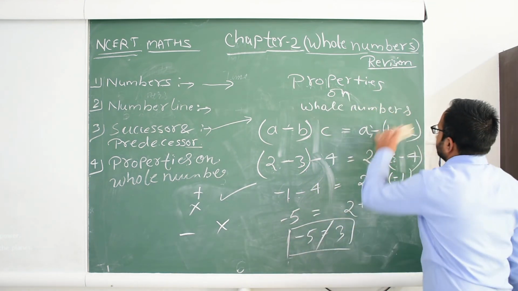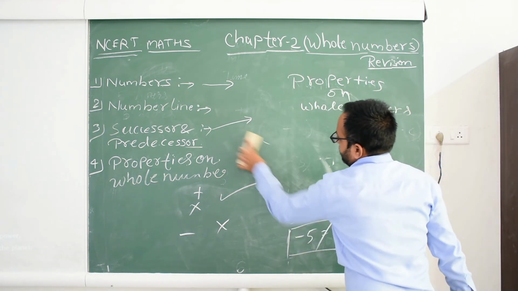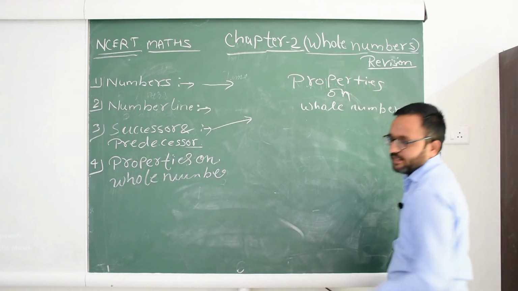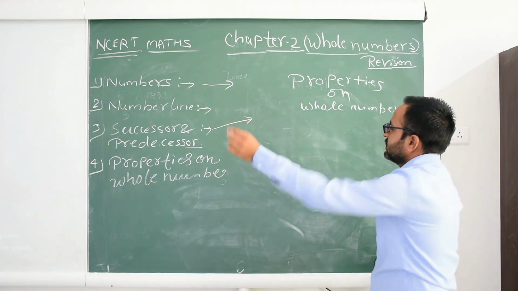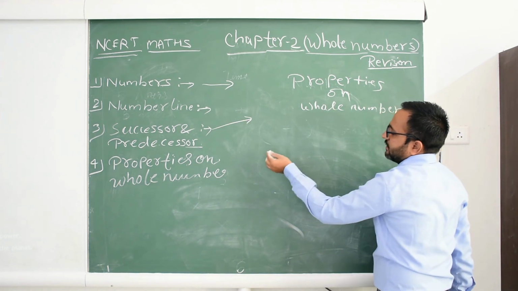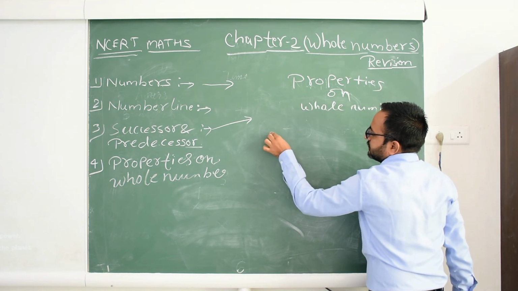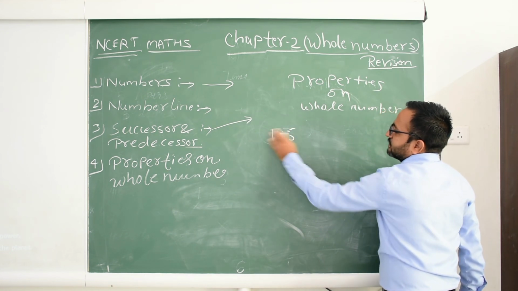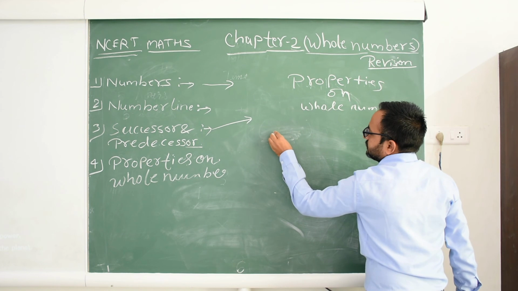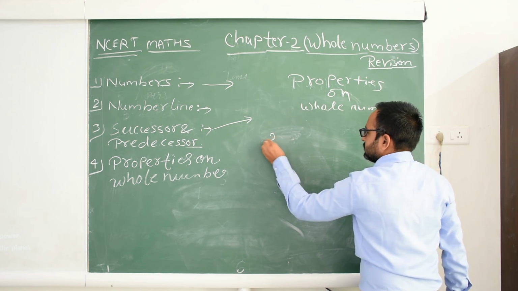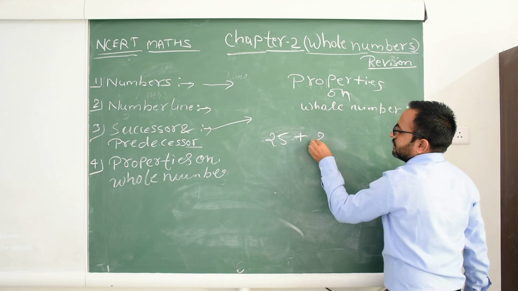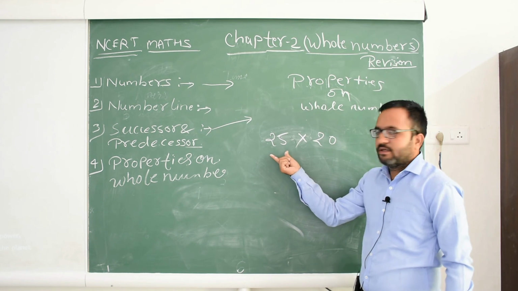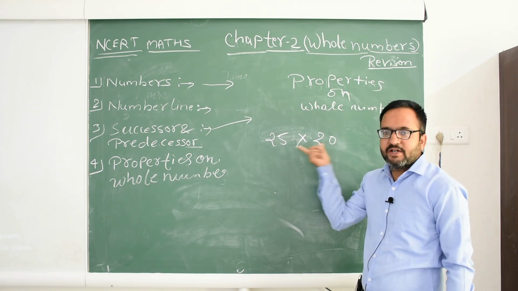Now the last property is the distributive property. For this we take an example. Now we perform multiplication between 25 and 20.